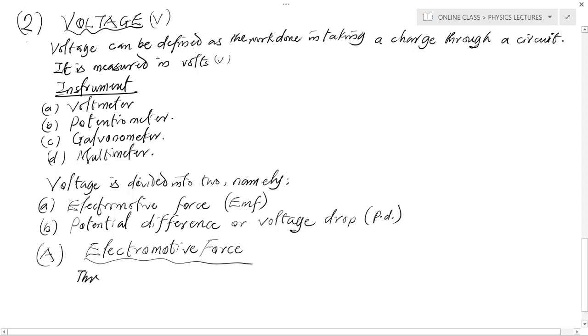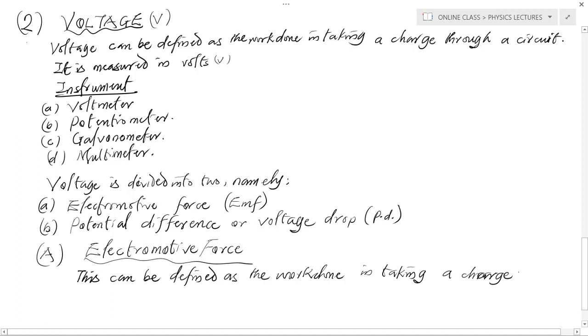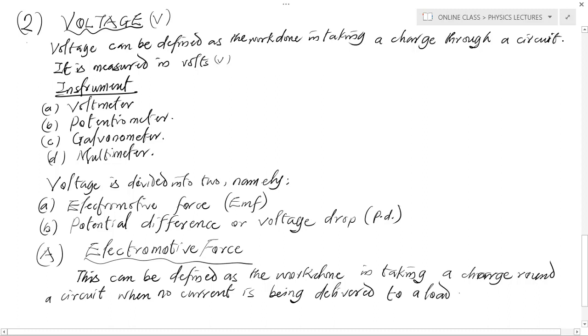This can be defined as the work done in taking a charge round a circuit when no current is being delivered to a load or a resistor.